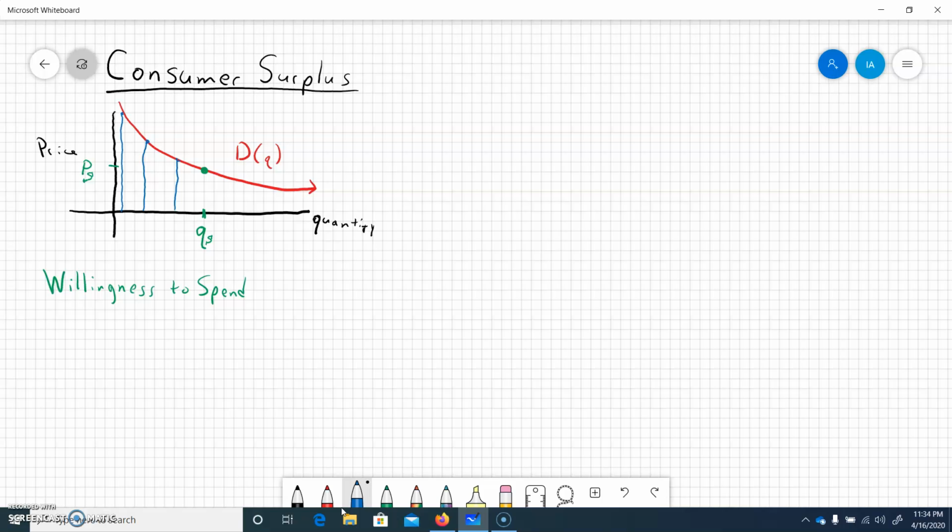So if we could get every single person that wants the item to pay the maximum amount, we'd have quite a bit of money here. So we know that we can't do that, but we can talk about the willingness to spend there. So this person's willing to spend this great amount, but the more of them we have, the less people are willing to spend.